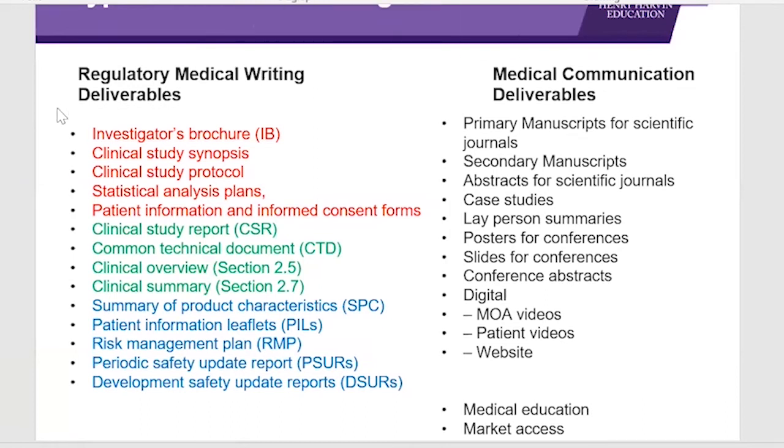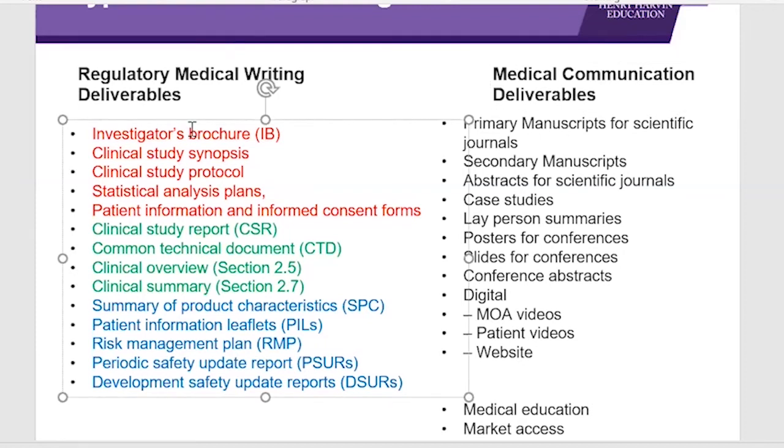The ones on the left side are called regulatory medical writing deliverables, and the other set of documents are medical communication deliverables. It's called scientific writing in some companies, but more of medical communication.